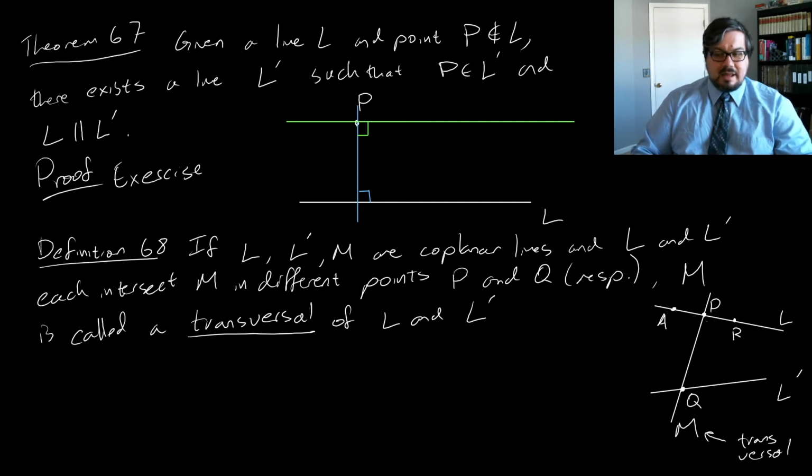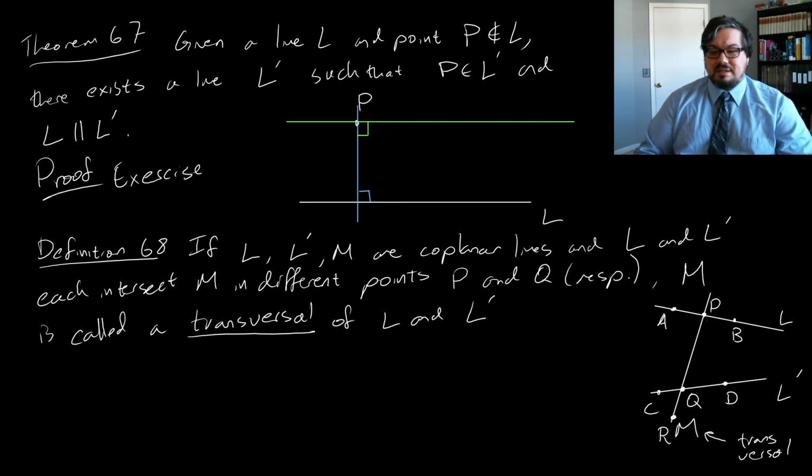Let's let A and B be here, C and D be here, such that A and C are on the same side of the line M. And let's see, I also want P, Q, R over here. R is the point on the line M.